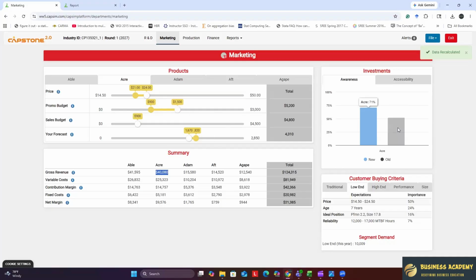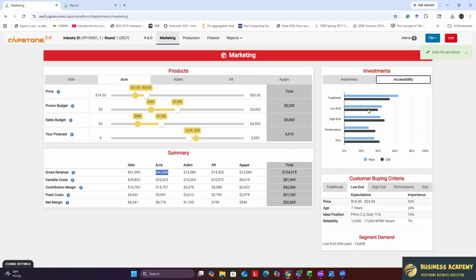Okay, so that increased my awareness from 52% to 71%, which is great. And now is the accessibility, which is going to be very proportionate or similar to what I've done in my traditional segment again.